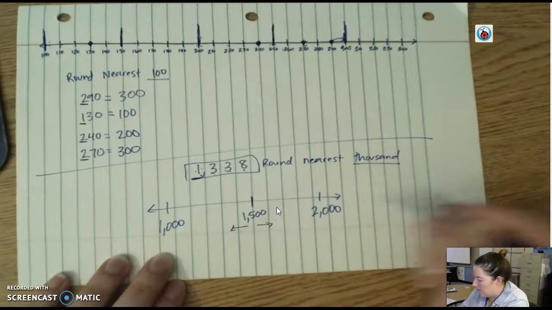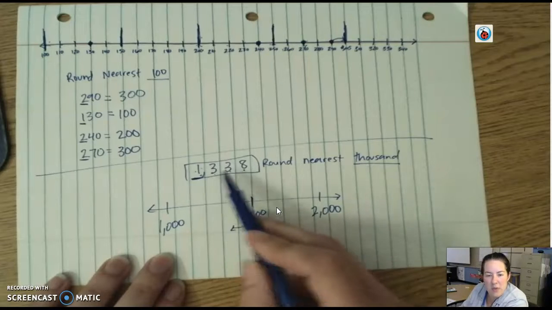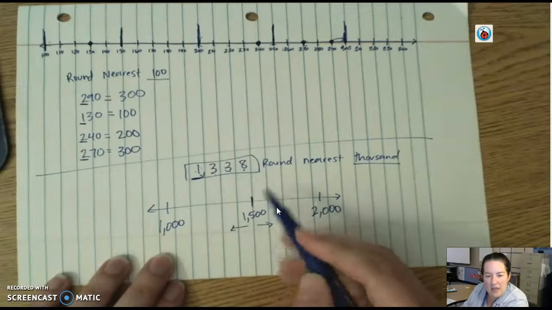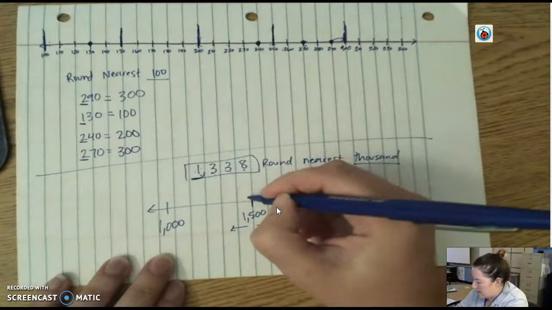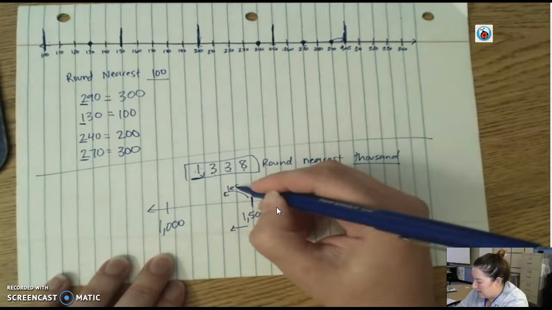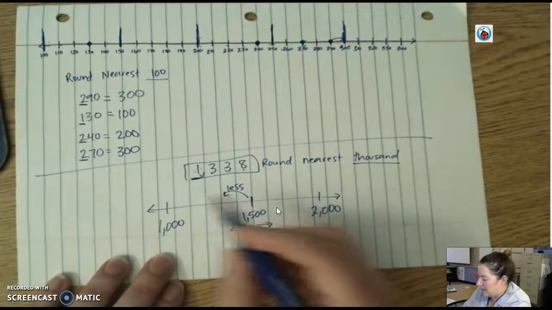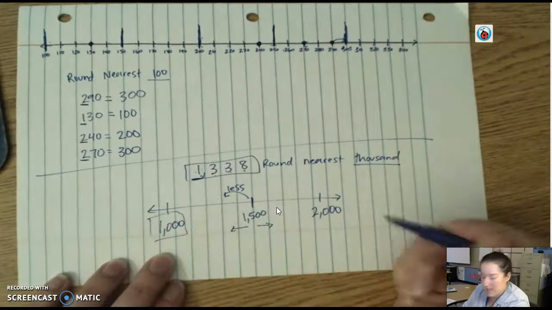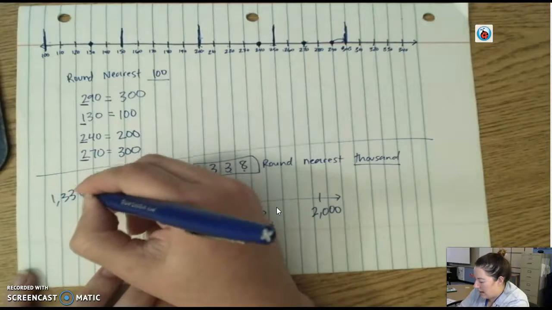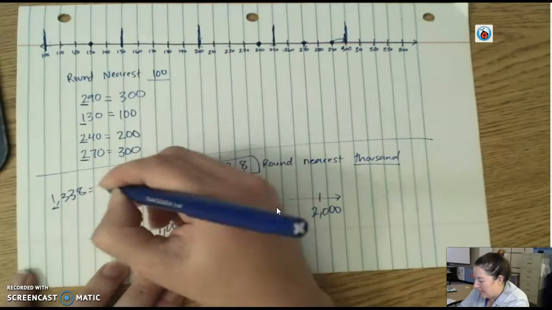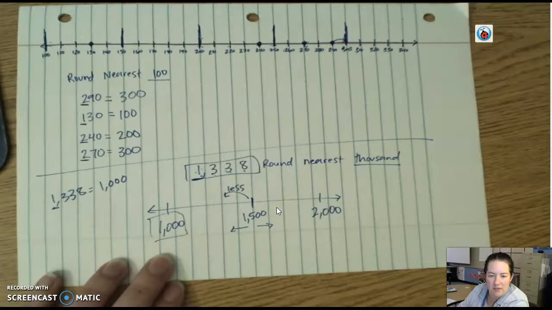Or is it going to be more than 1,500? Just based off this, you should be able to tell that 1,338 is going to be less than 1,500. So the closest thousand that it's closest to is 1,000. So 1,338 rounded to the nearest thousand, it's closer to 1,000 than it is 2,000.